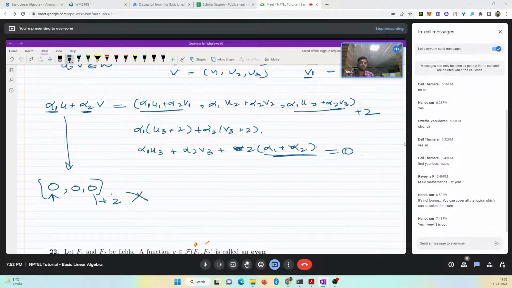This is not satisfied. So it is not necessary that for every alpha 1 and alpha 2 this thing is satisfied. When would it be satisfied? Only when alpha 1 plus alpha 2 is equal to 1. But our alpha 1 and alpha 2 were arbitrary. So this particular W2 is not a subspace.